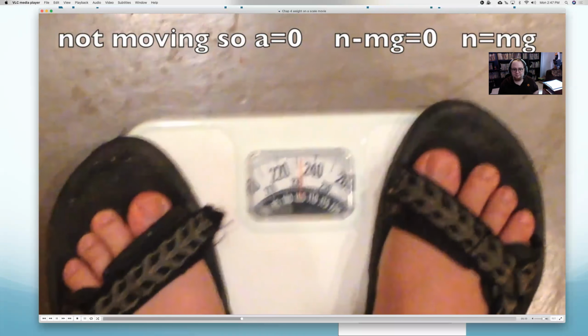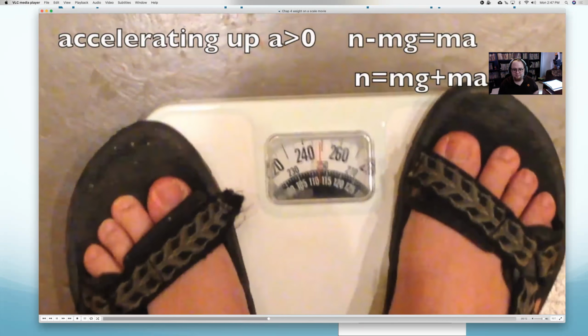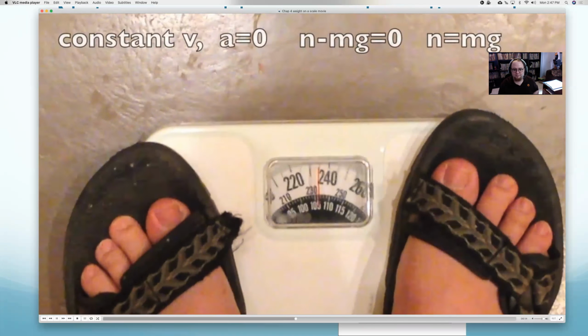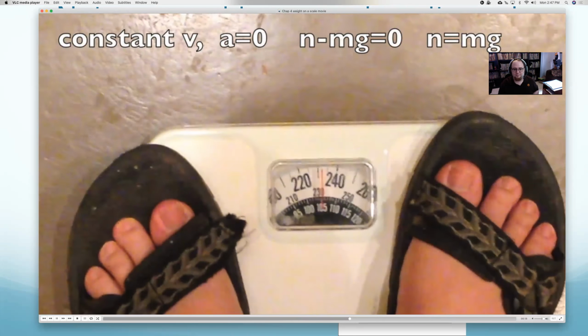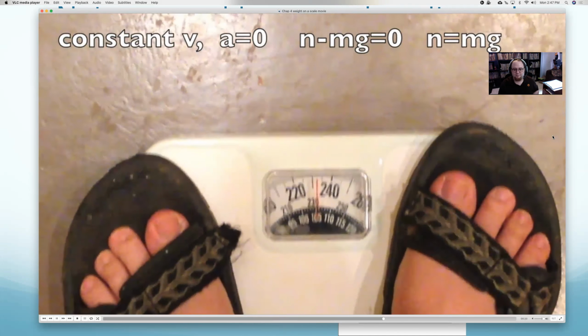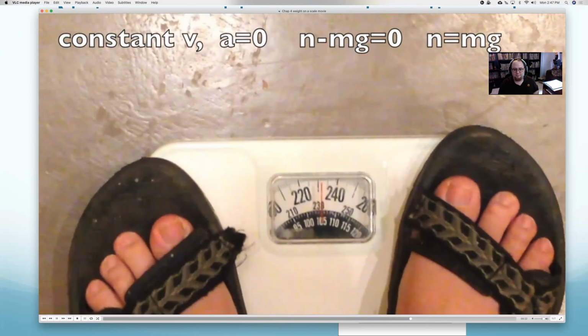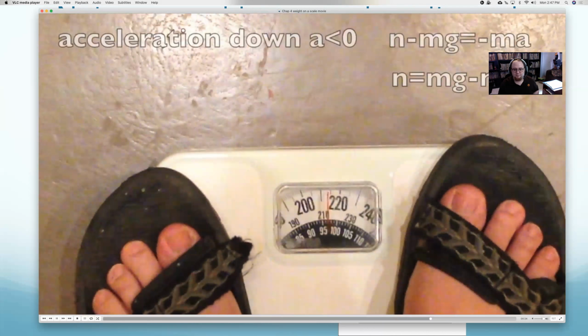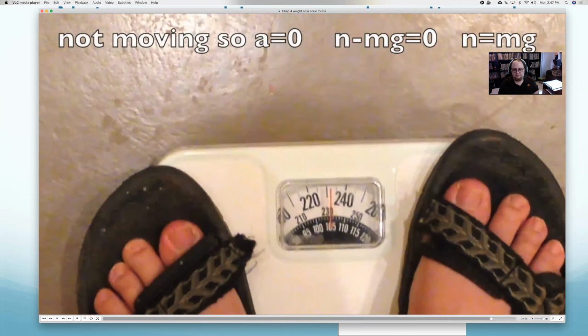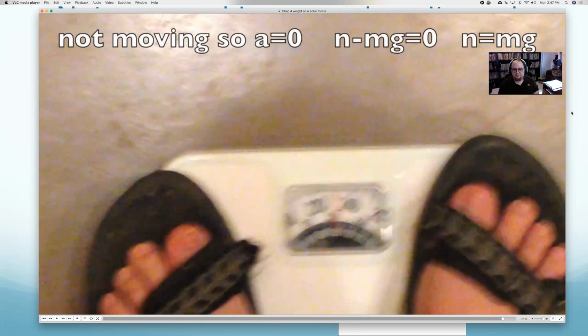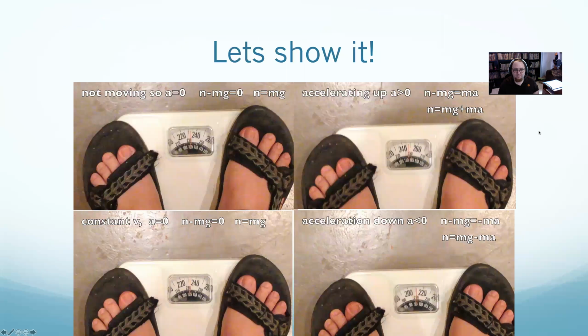If I tell it to go up, we'll have an upwards acceleration, which will mean that the scale gives a higher reading. It will then travel at constant velocity, going back to the 230 pounds. But when we reach the top, we'll have a downwards acceleration as the elevator slows back down, and the number will become smaller. And that's the idea.